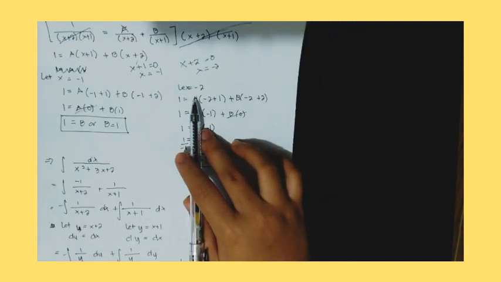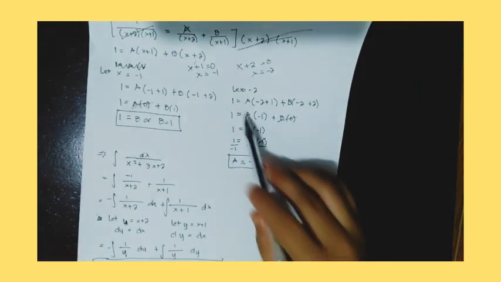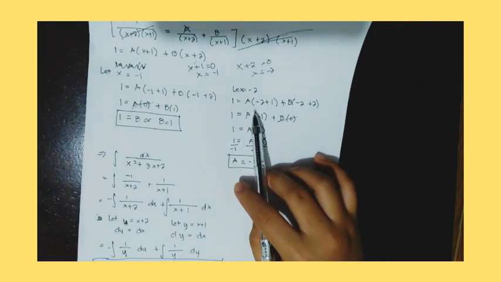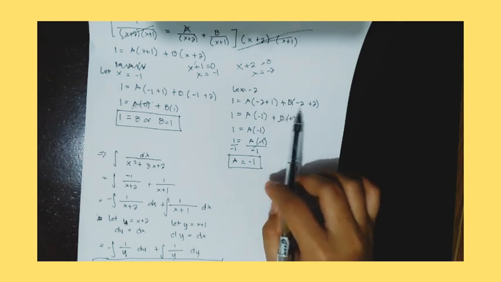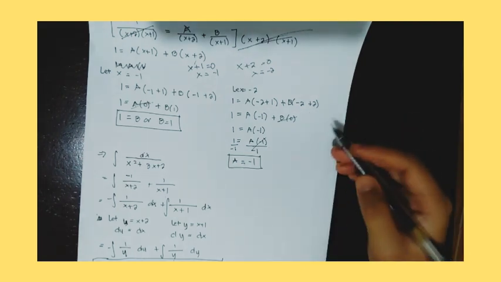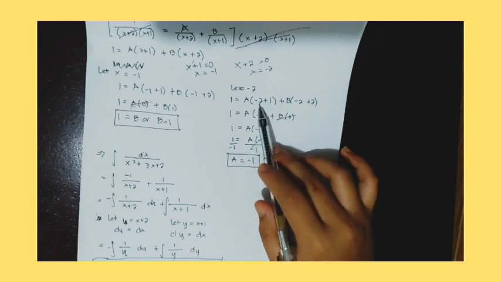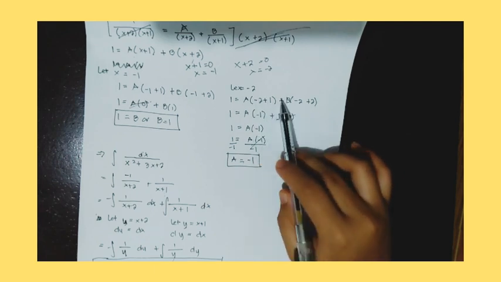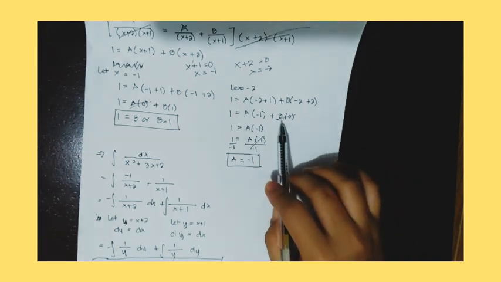Then let x equal negative 2. 1 is equal to A times negative 2 plus 1, plus B times negative 2 plus 2. Negative 2 plus 1 is equal to negative 1, and negative 2 plus 2 is equal to 0.